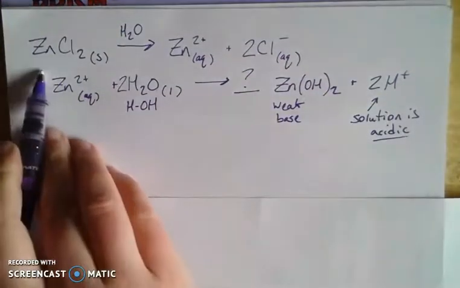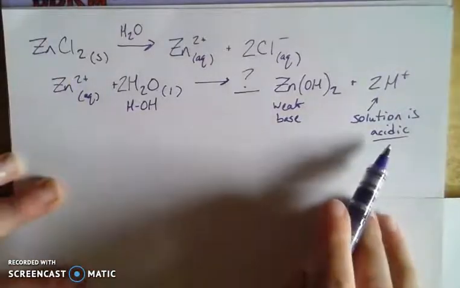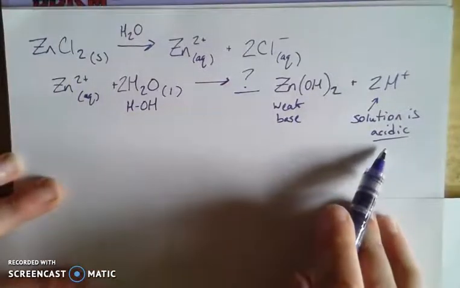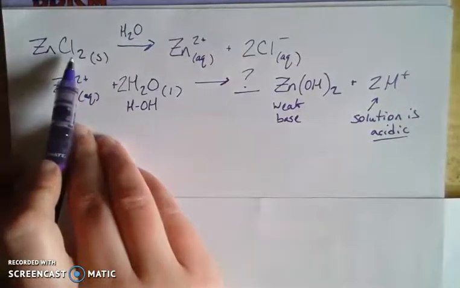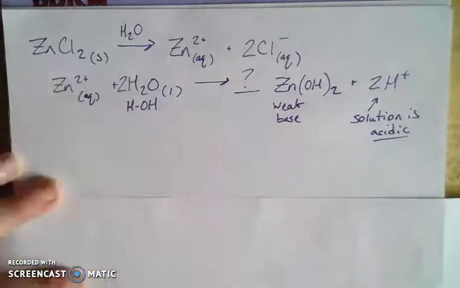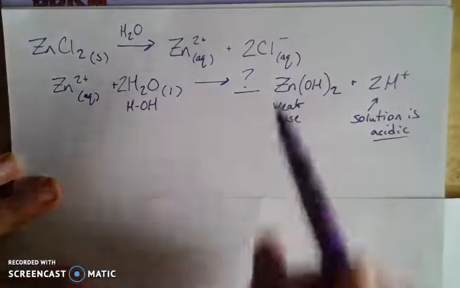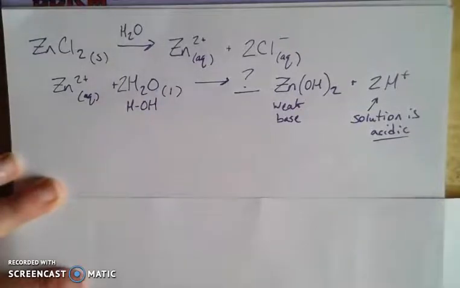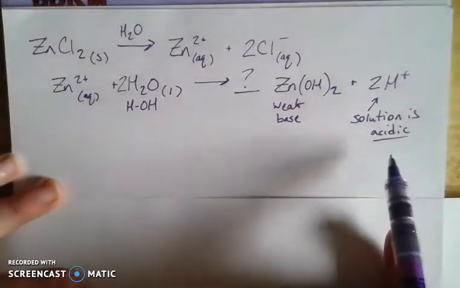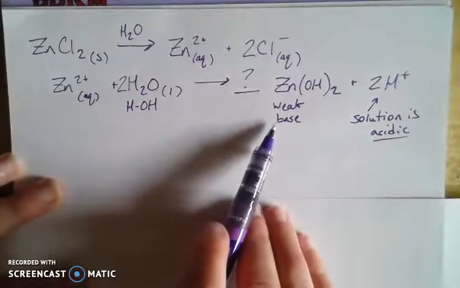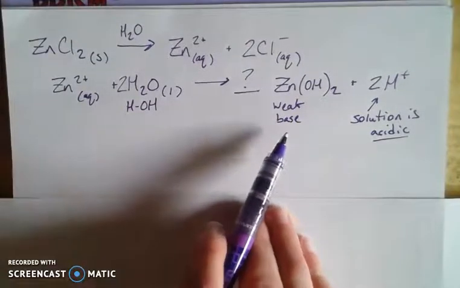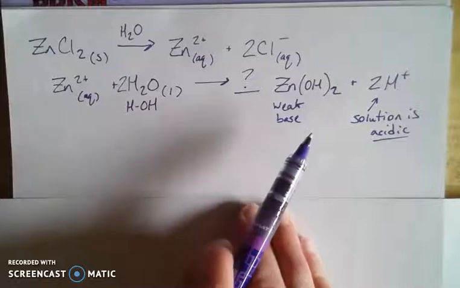So I dissolve the zinc chloride, and I get a slightly acidic solution. And we've already looked at chloride, so we know that chloride is not going to have an impact on my overall process, right? Because it comes from that hydrochloric acid. So we'd have a slightly acidic solution once this thing forms. It's a weak base. It would actually be a precipitate.